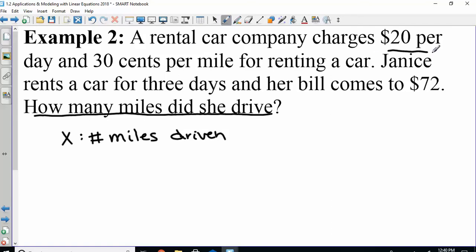It says they charge $20 per day and 30 cents per mile. She rents the car for 3 days. So $20 per day, she rents it for 3 days. What would I do?